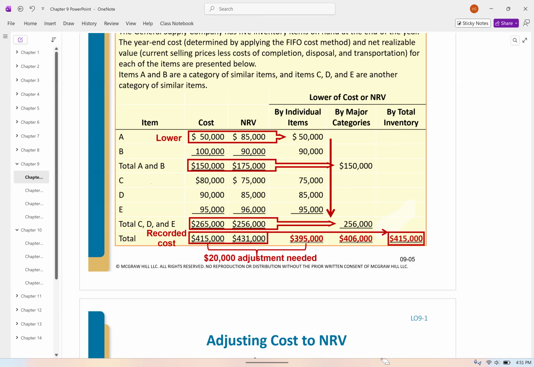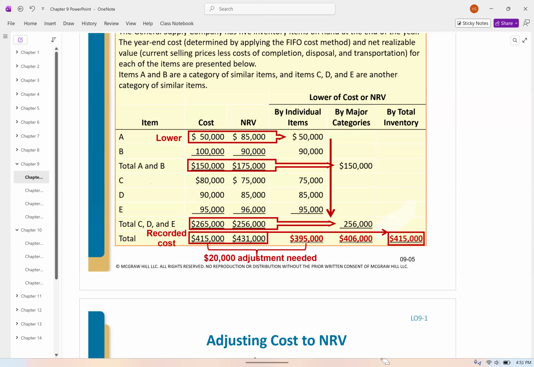And then the easiest one is just to total it all up. Again, this works really well. We don't have to do a lot of thinking with it. One inventory item being a little bit off sort of balances out with the other ones on the other way.